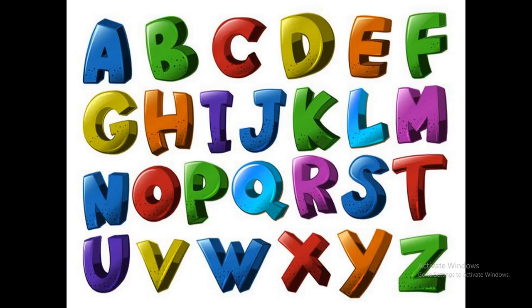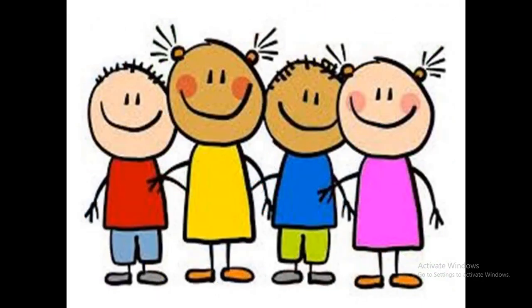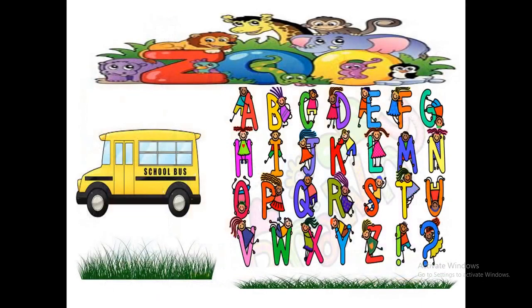Children, one day, all the letters of English alphabet went to a zoo along with their teacher. They wanted to climb the bus, but their teacher asked them to stand in a queue.